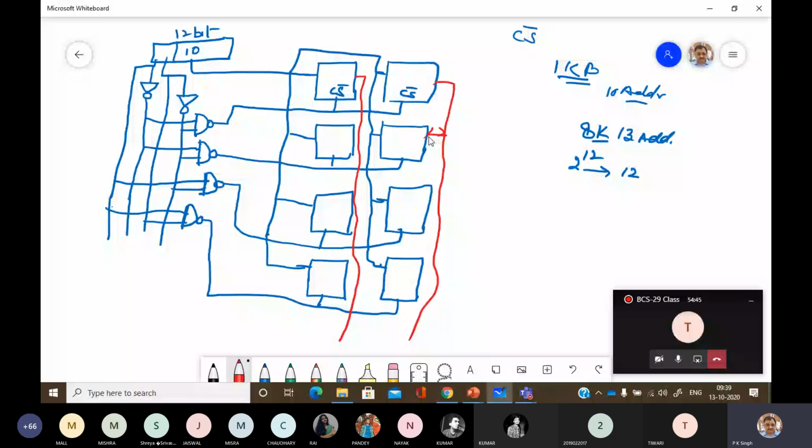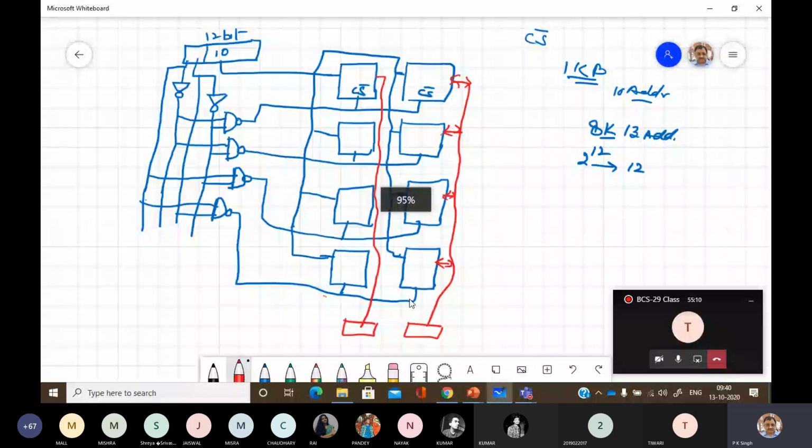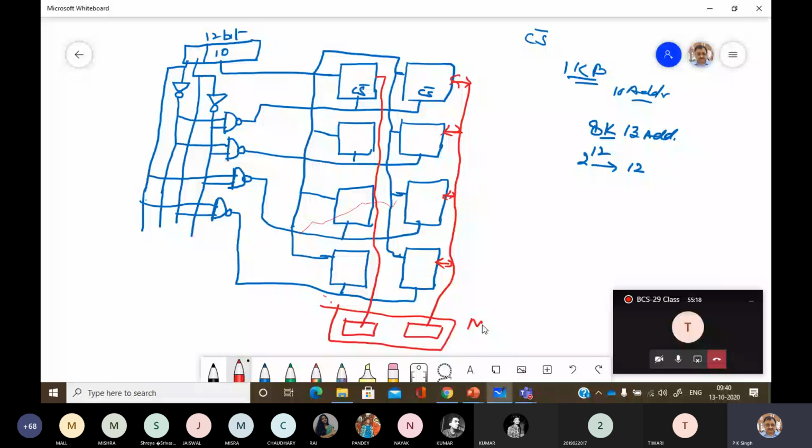Eight bits from here and 8 bits from here, and this entire thing is the memory buffer register, MBR.